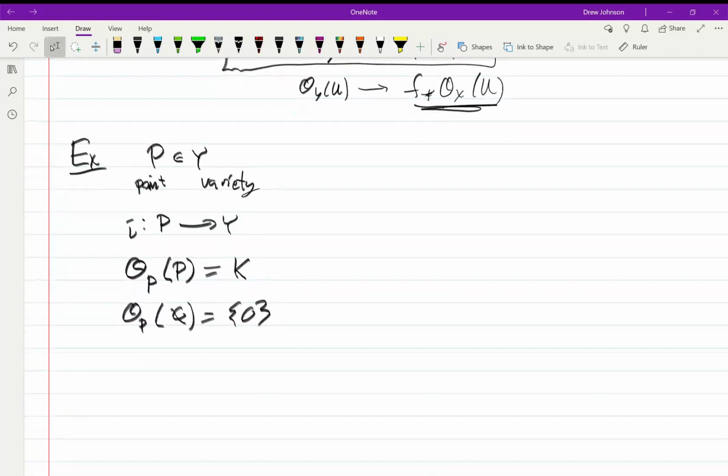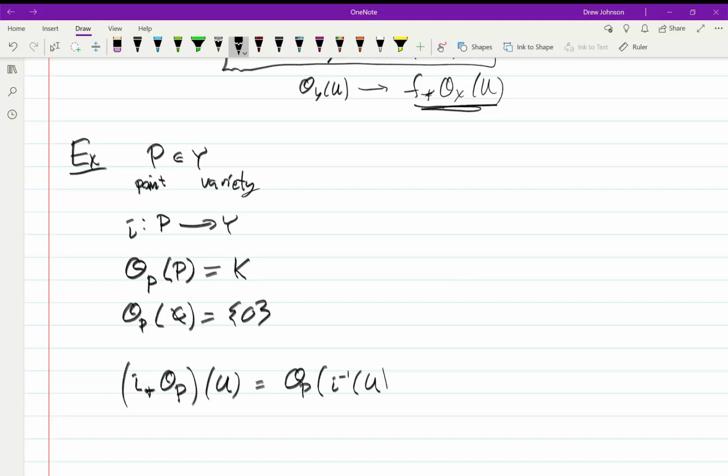Let's try to understand the push forward sheaf if we take I push forward of the structure sheaf of P. This is now a sheaf on Y. What are the sections on an open subset U? By definition of the push forward, this is just OP of I inverse of U. Now, what is I inverse of U?